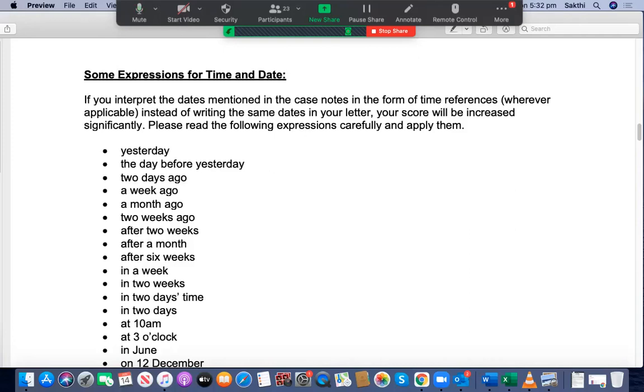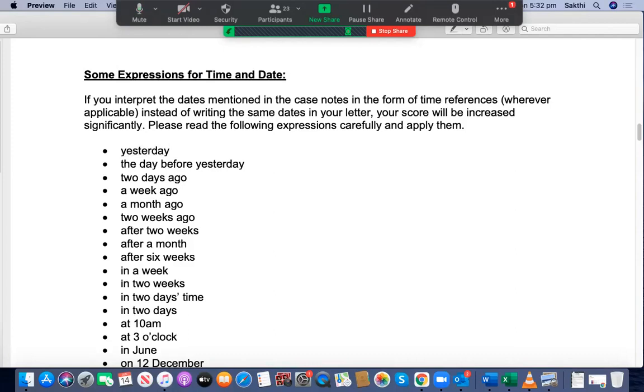It is yesterday. Don't say "on 10th of June the patient was admitted with the complaints of...". It is very bad. You should not do that. You have to understand the case notes very well, and show that you are writing from today's perspective. So the patient was admitted yesterday. Don't write "on 10th of June 2018" and so on.